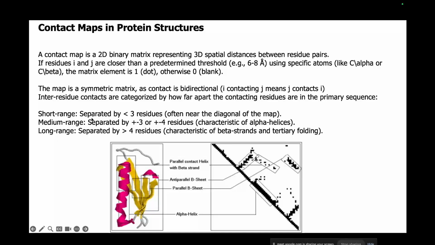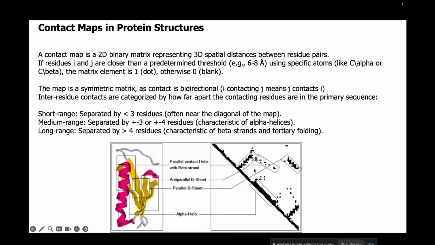So if you have contact separated by less than three residues, that is short range, medium range is from 3 to 4. But if you have greater than 4 amino acids between your contact of amino acid 1 and 5, then it becomes long range. So anything greater than 4 is long range, and the medium range is a characteristic of alpha helices. The long range is a characteristic of beta strands and tertiary folding as well.